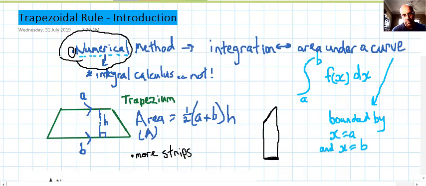We're going to call these trapezia strips. More strips gives more accuracy. But of course, therein lies more work and more time. And more strips means narrower strips.